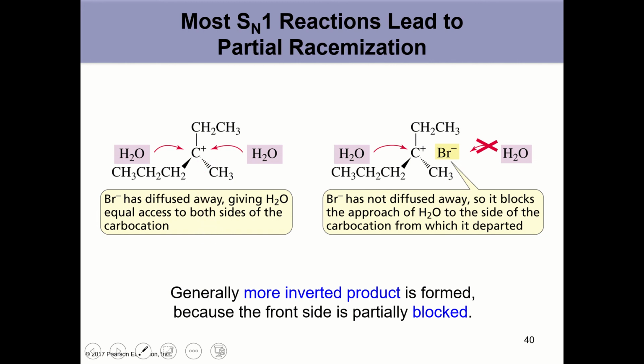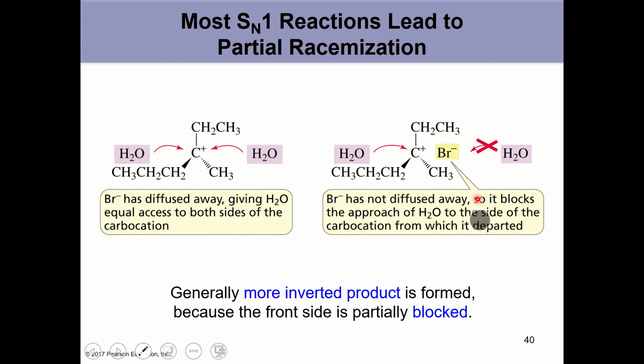We know that diffusion does not occur that quickly, and so water is able to collide with the carbon from the side that is not on the same side as bromine more frequently than it can collide with the carbon when bromide is in the way.